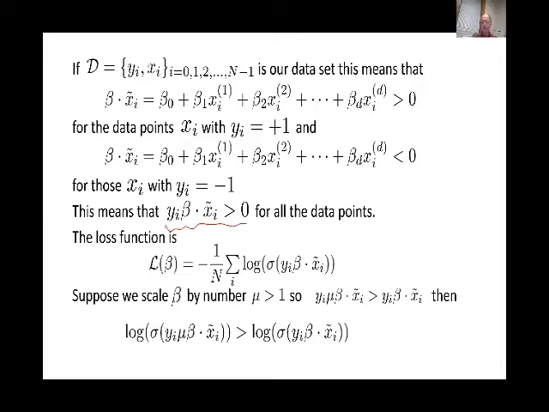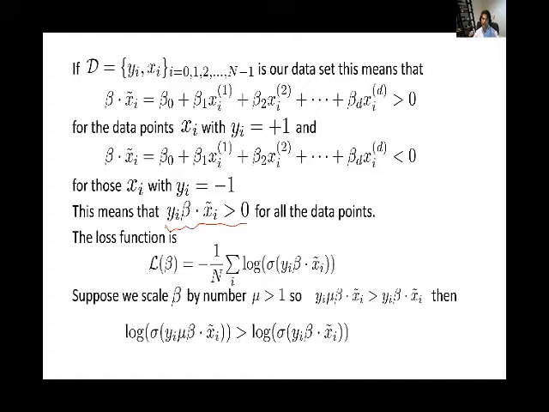No. This shows that if they are separable, then the loss function will not have a minimum, so we can't solve the problem without regularizing it, because the minimum of the loss function will be at infinity. My question is, what in that previous slide showed that only if they are separable does this not have a minimum?